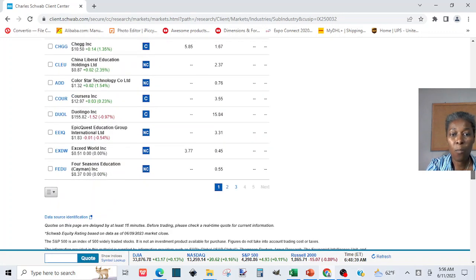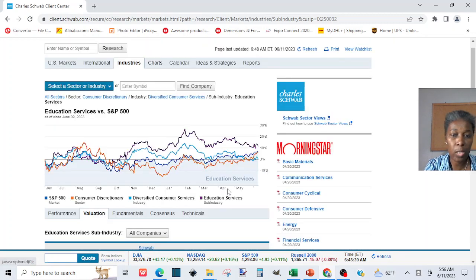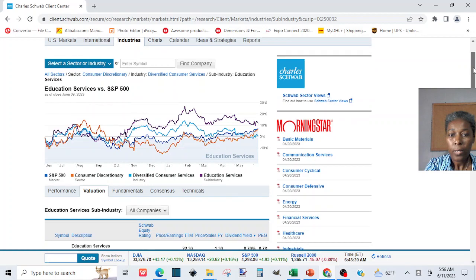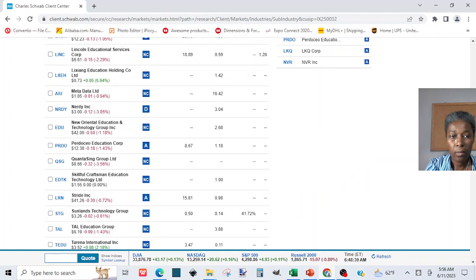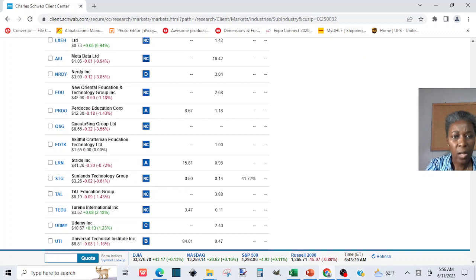And sometimes you may have more than one page. It's good to go to the other pages as well to make sure your dividend rates sort out well. And here I have a company that has a 41.72% dividend rate, but it didn't make it through to the top of the other page.